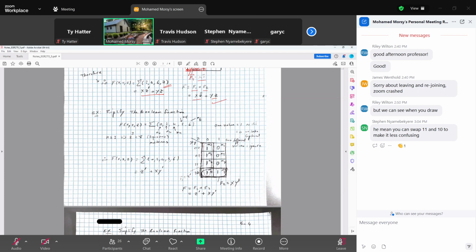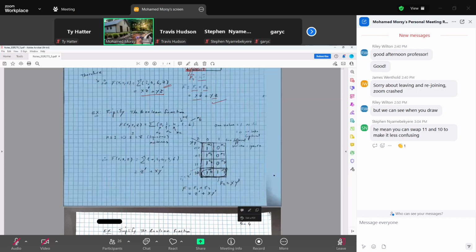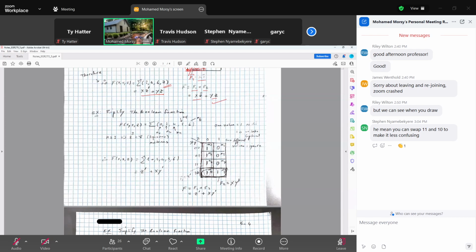Do we have 4 adjacent ones here? We do. Here we have 1, 1, 1. These are adjacent ones. So we take all these ones in one group. All these ones here, we put in one group.